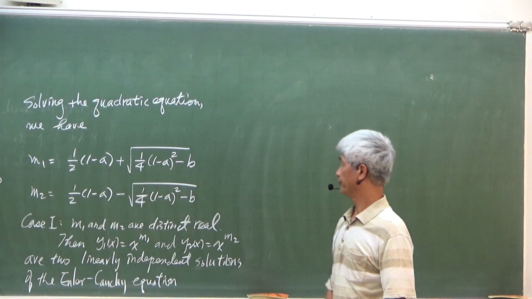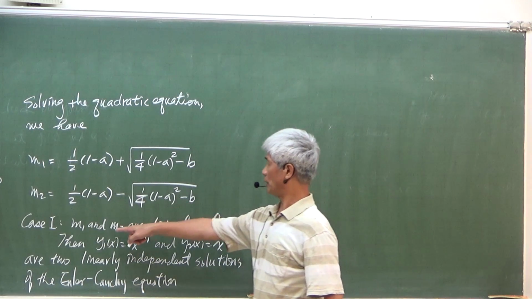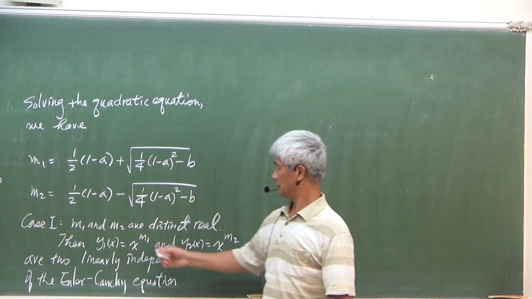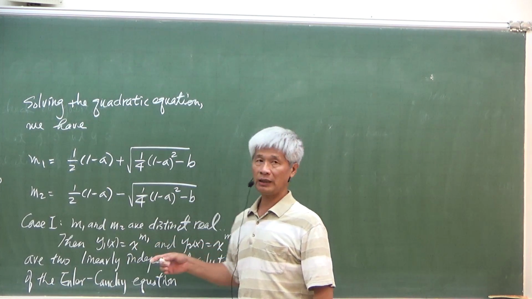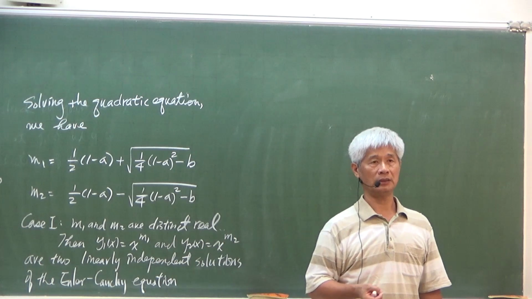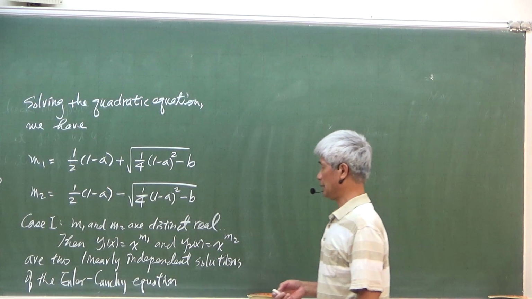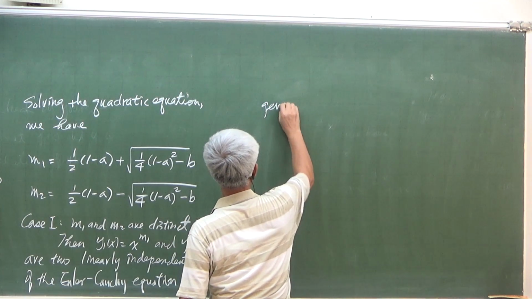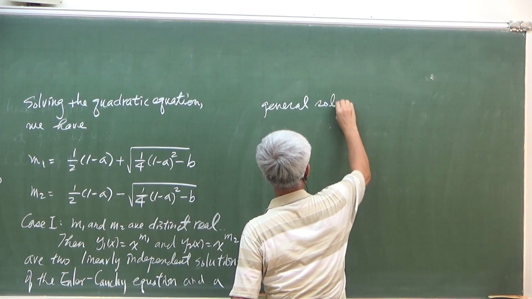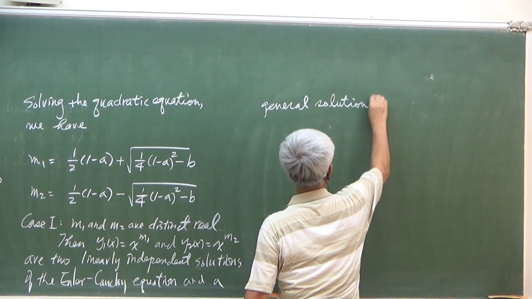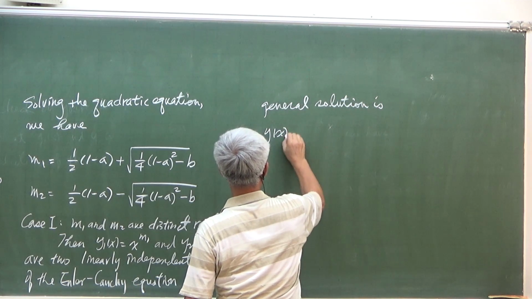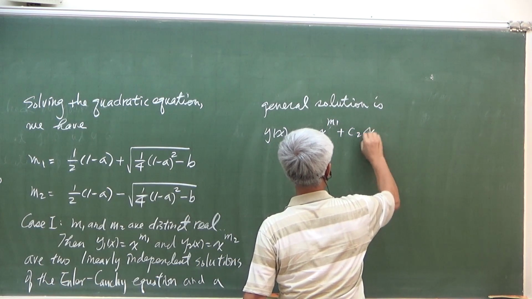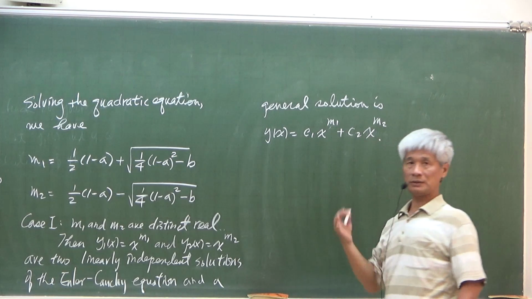And a general solution is c1 x to the n1 power plus c2 x to the n2 power.